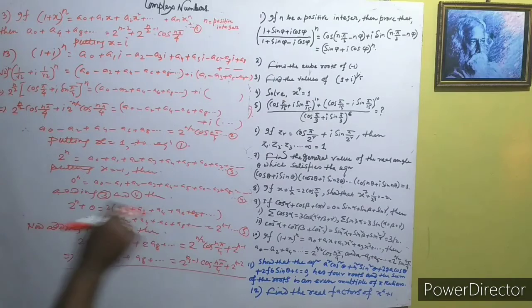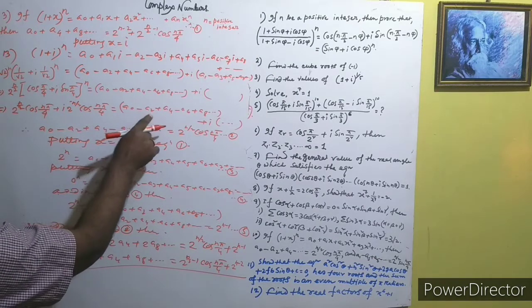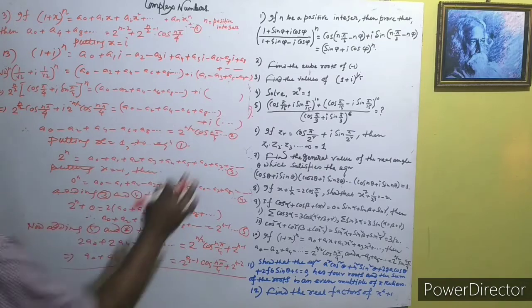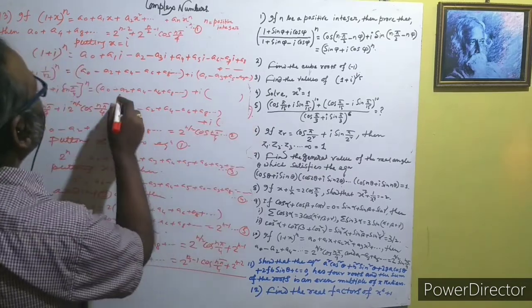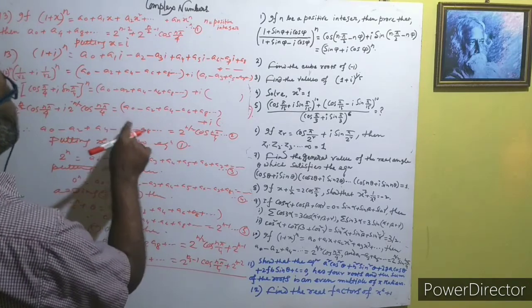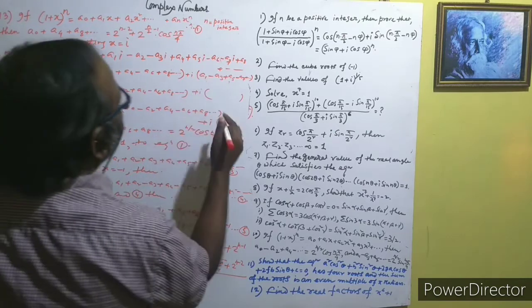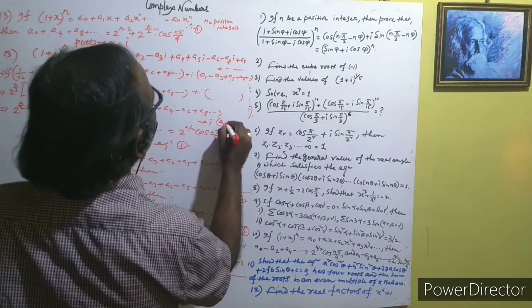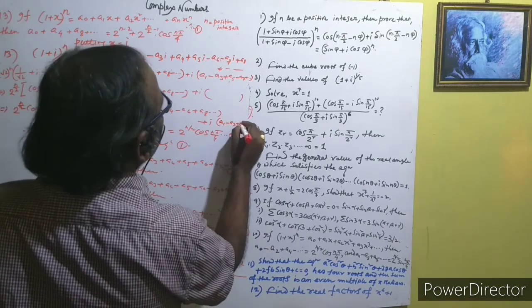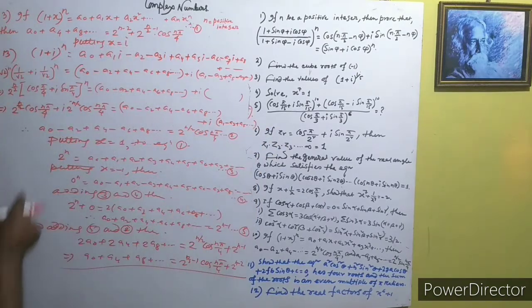Okay, so this is the step here, and a0, a2, a4 like this, plus you can write here a1 minus a3 plus a5.